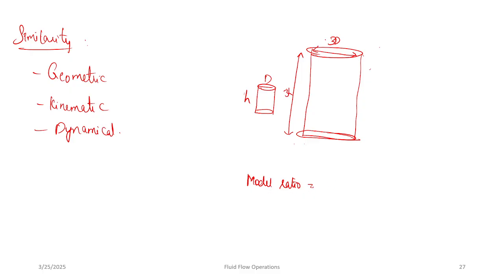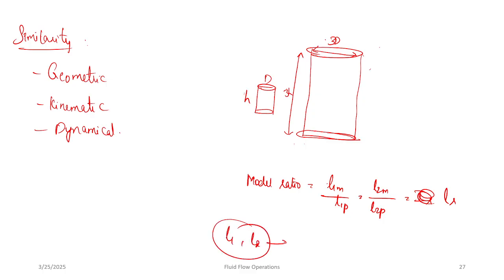So here, first I'll write the model ratios. So model ratio L1 M by L1 P should be equal to L2 M by L2 P. It should be equal to, let's say, LR. Okay. So here L1 and L2 are two different characteristic physical dimensions, say length and breadth, or it could be height and diameter, something like that.